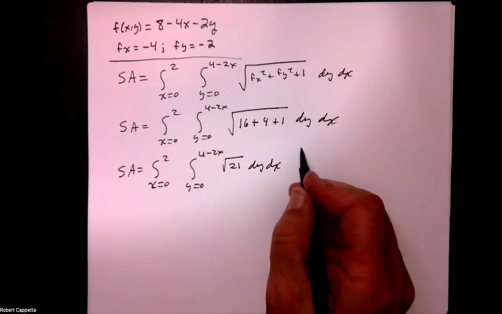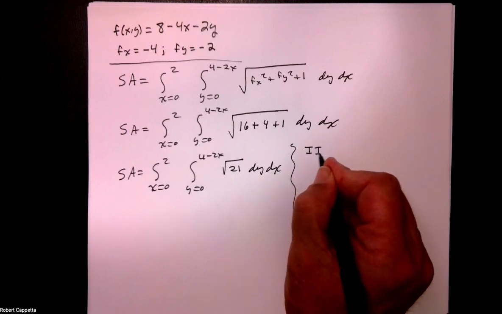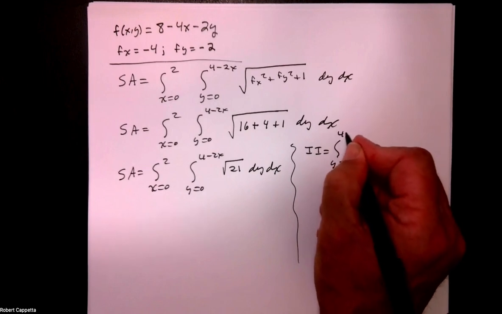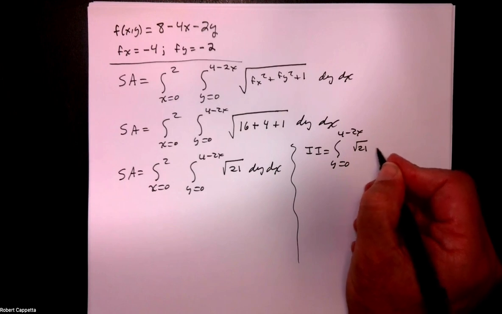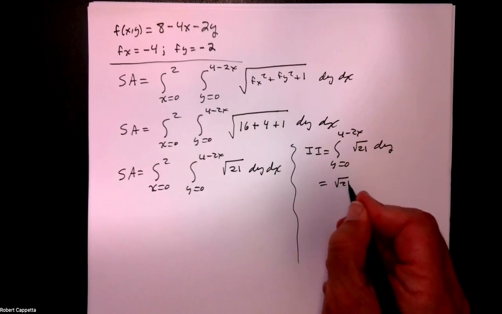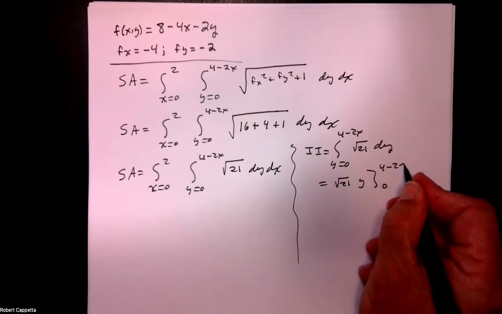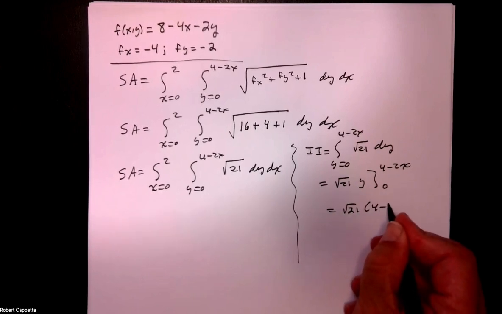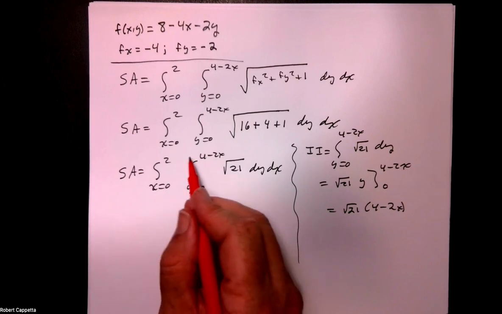So let's do the inner integral over here. The inner integral is the integral as y goes from 0 to 4 minus 2x of root 21 dy, which of course is root 21 y as y goes from 0 to 4 minus 2x, which is root 21 times 4 minus 2x.